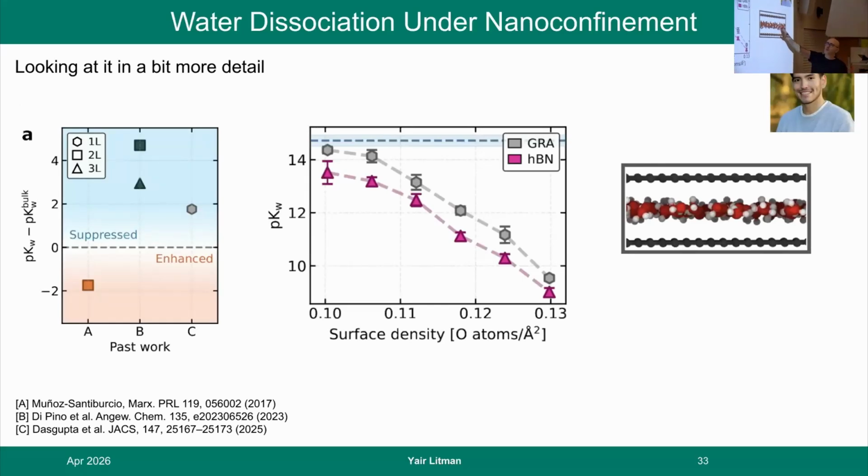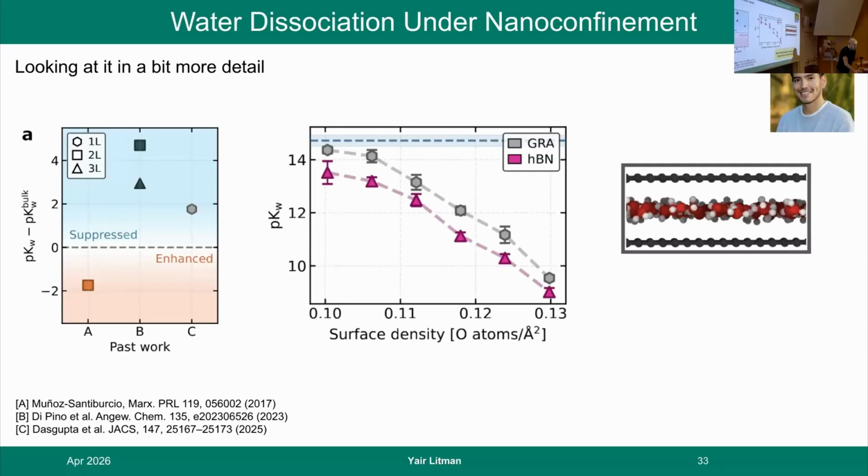So if we show the dependence on the water density, then you see that you can completely change the pKw. So here I show you, this surface density is the number of oxygens per cross section, and you see that it changes 3 or no, 4 units with 20% of the density.